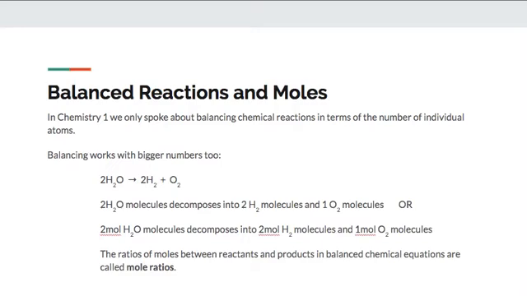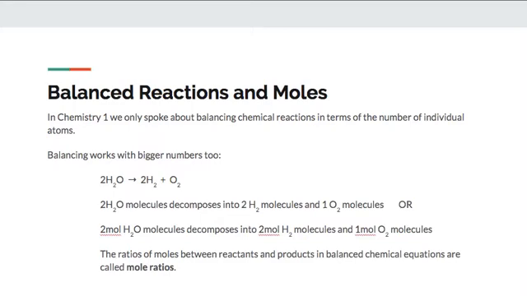It would work the same way if we decided to do this with dozens or any other counting number, but in chemistry we are concerned with moles because that's what allows us to relate very large numbers of particles to life-size amounts of a substance. So the ratios of moles between reactants and products in balanced chemical equations are called mole ratios.